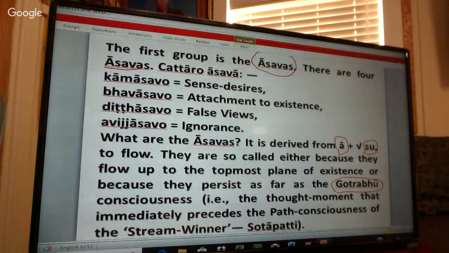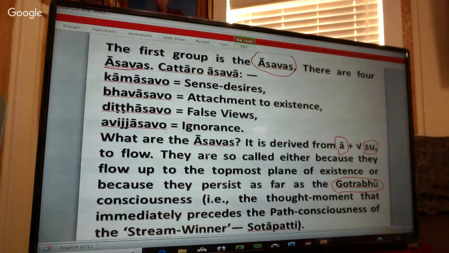It has not arisen, but it remains latent in the stream of mind: attachment, wrong view, and ignorance, Lobha, Ditthi, Moha. They still exist latently, not at the rising moment.